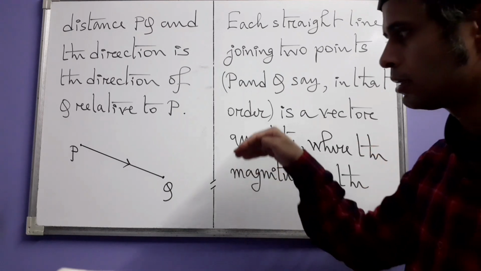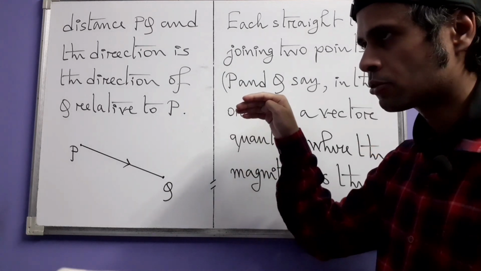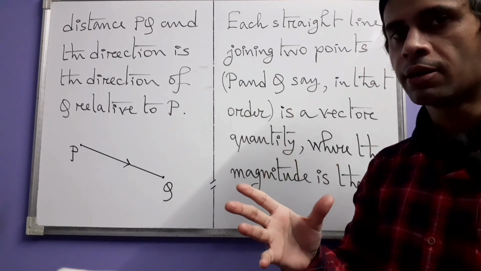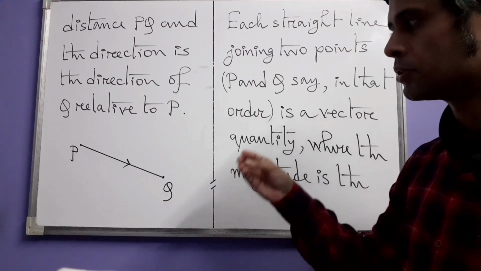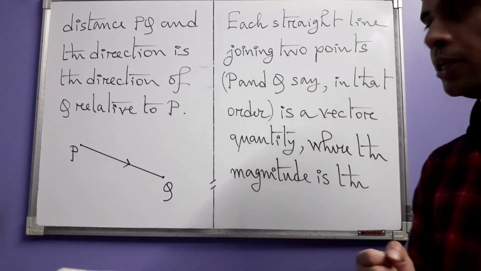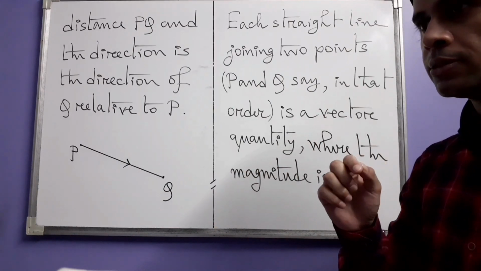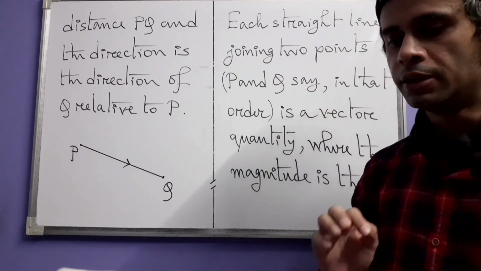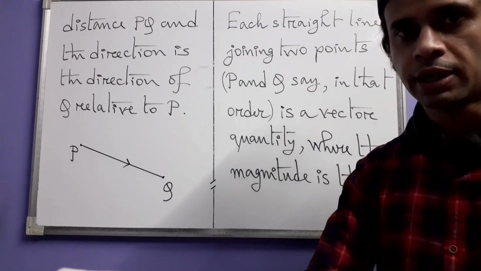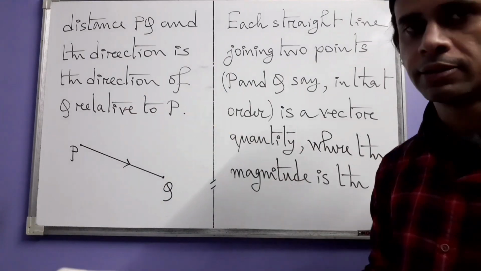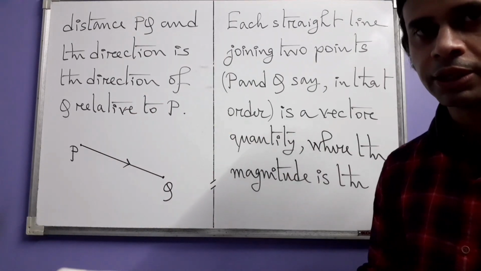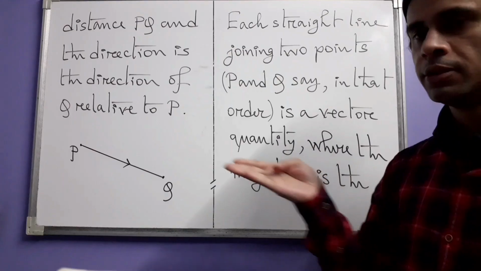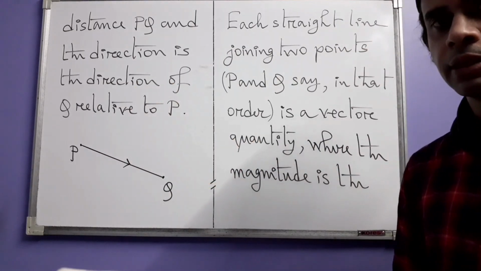Okay, so these are actual, concrete, physical or geometric, if you think of them that way, quantities which for their complete specification need magnitude as well as direction, and the magnitude is the length or the distance between these two points, and there is a direction from one of the points to the other.